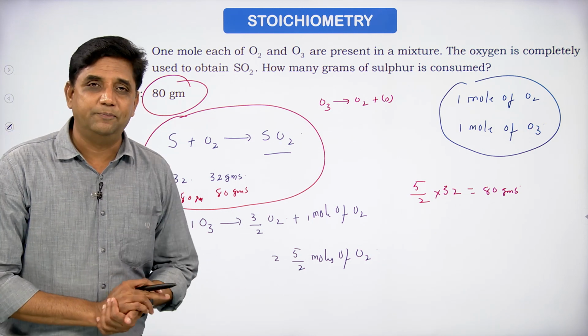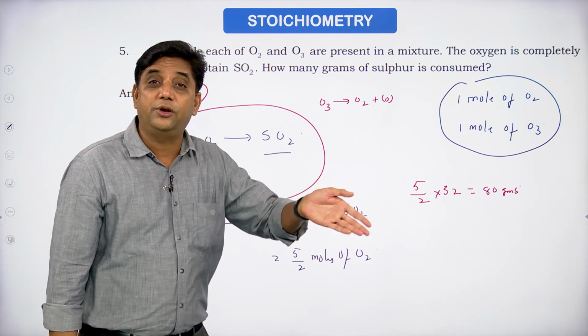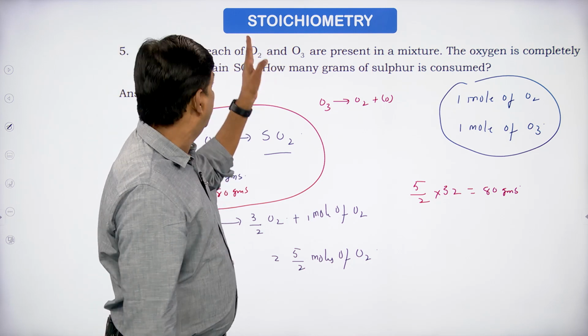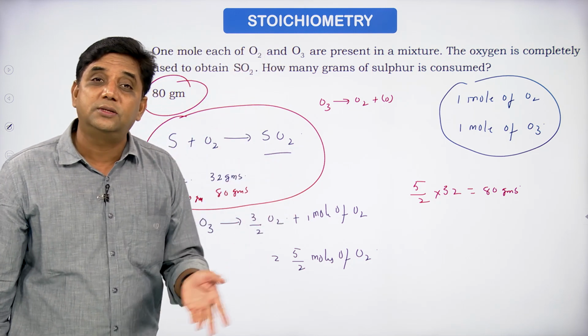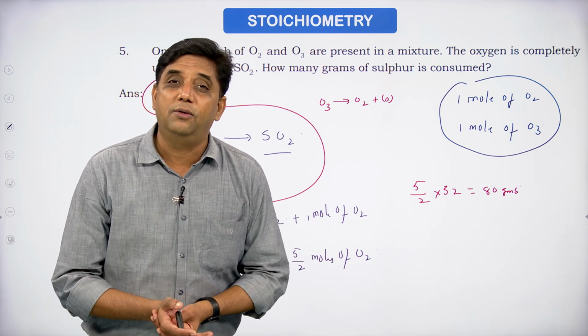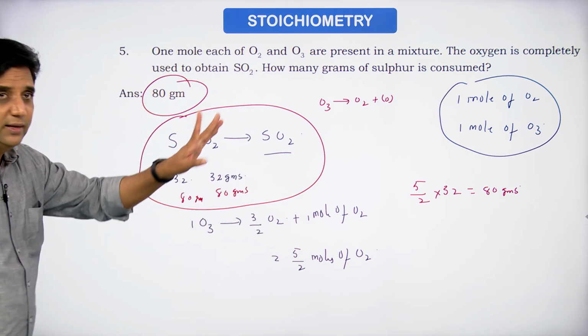Very interesting question. And students, if you do not know this, ozone decomposes to give oxygen. Generally people will think that only this is oxygen. It is 1 mole of oxygen, meaning 32 grams, so the sulfur consumed will also be 32 grams. Therefore one may think that the answer is 32, but the answer is 80 grams, and this is the solution.